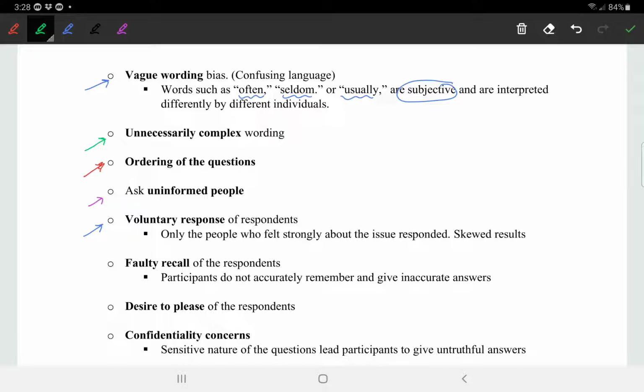Humans are not perfect. We are flawed, and we may not remember things accurately. So the faulty recall of the participants may also skew the data. That is, the participants did not accurately remember, and therefore they gave inaccurate answers. It can also happen that the participants really like the interviewers and just really want to please, so they will say whatever they think is necessary to please the other person.